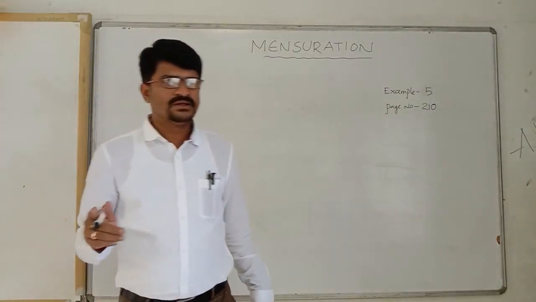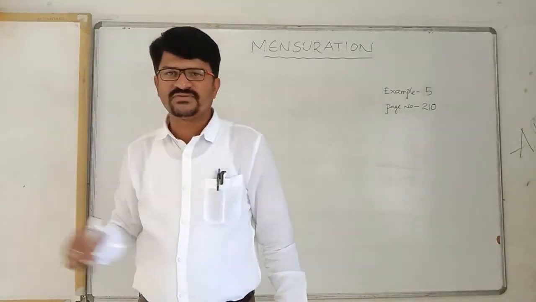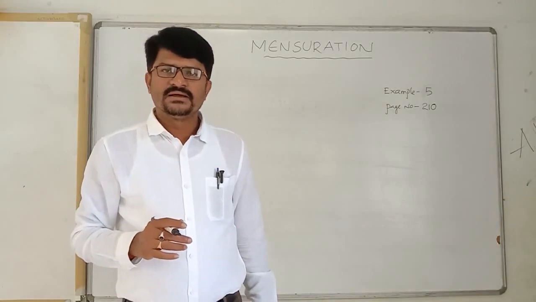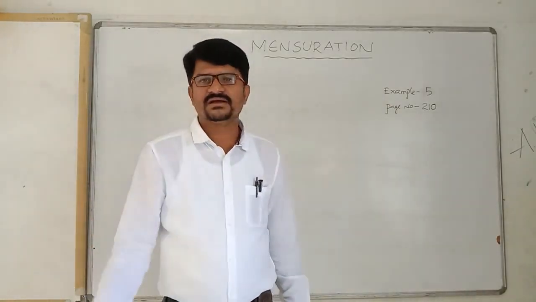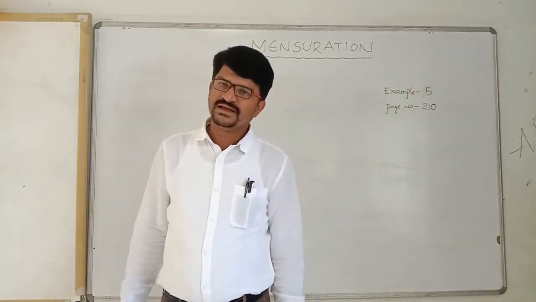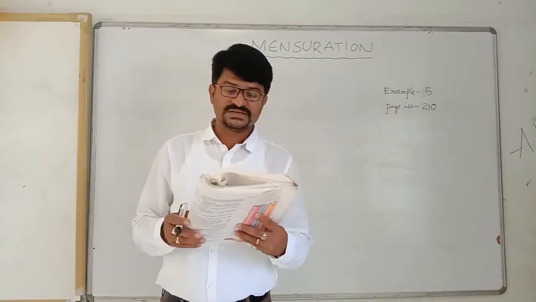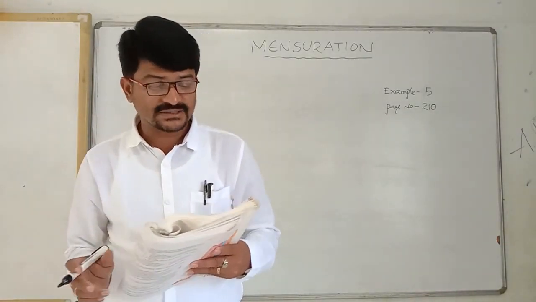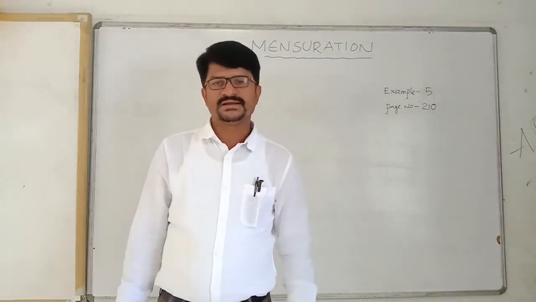For example, nowadays in our garden, we have to make a fencing with iron wire or something. We have to buy that wire. Without money we cannot do anything. That is why here, find the cost of fencing of a rectangular park of length 250 meters and breadth 175 meters at the rate of rupees 12 per meter.